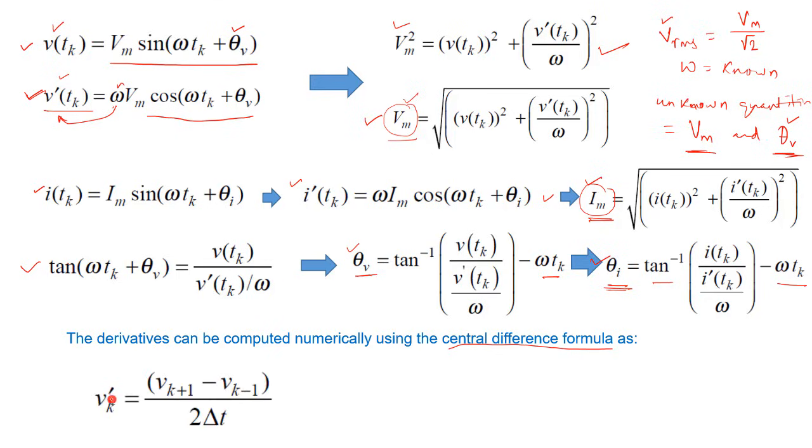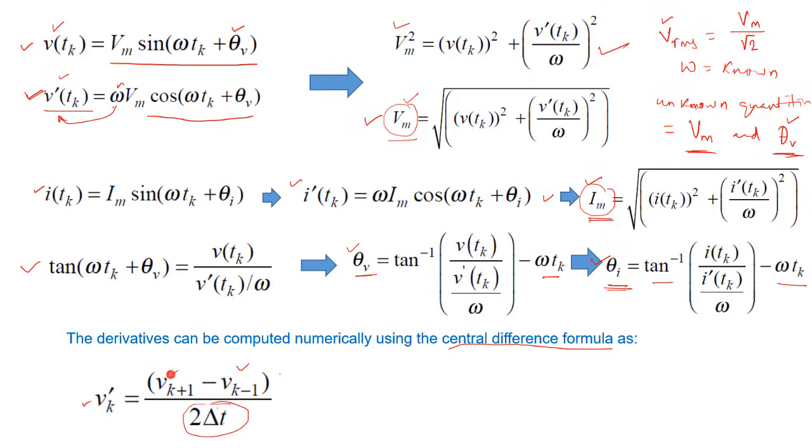In the central difference formula, we take the voltage samples Vk at the k plus 1th instant and at the k minus 1th instant, and the time interval between these two instants is 2 delta t. So I can write Vk dash, that is the derivative sample, will be equal to Vk plus 1 minus Vk minus 1 by twice delta t.